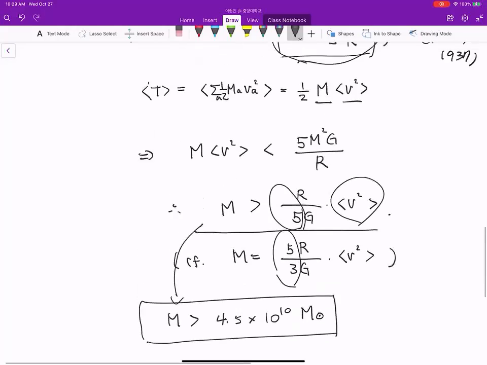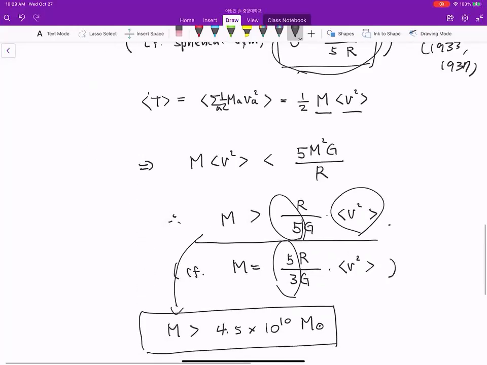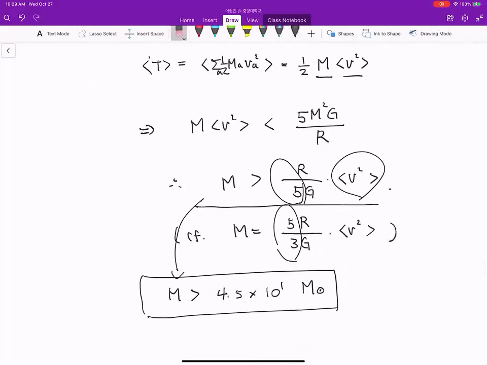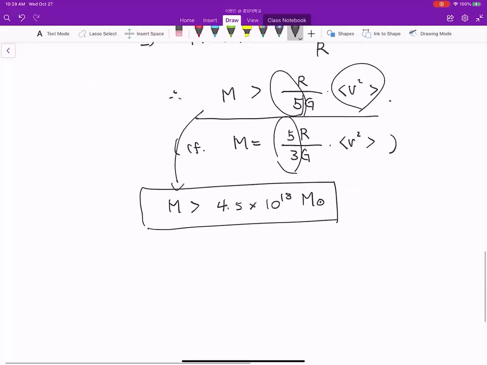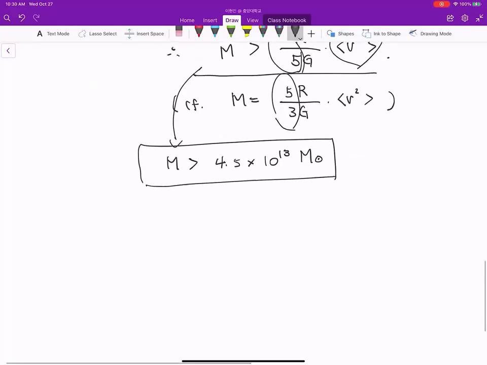So previously, we had 10 to the 14 solar masses. I'm sorry, I just already divided by 1,000. So this is the total mass, and we are comparing galaxy by galaxy. Galaxy by galaxy, what is the amount of dark matter in each galaxy?